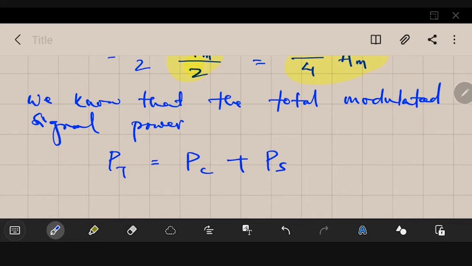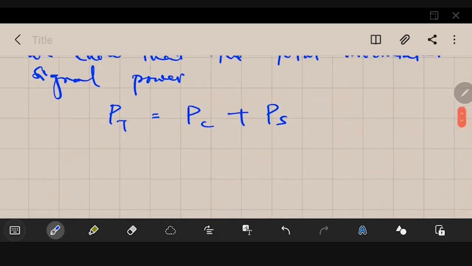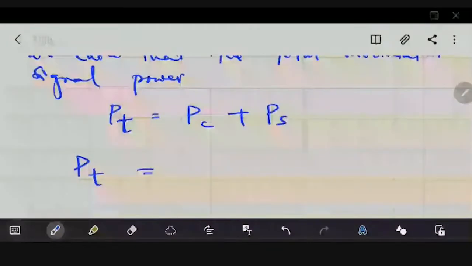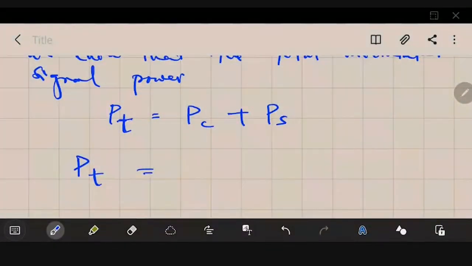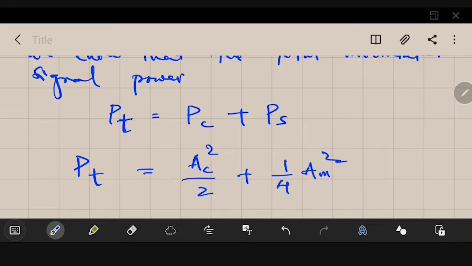This is something we know, and we have already found out the value of Pc and Ps. So let us put it. So Pt is equal to Pc, which is Ac square by 2, as we have already found out, and Ps is 1 by 4 Am square.